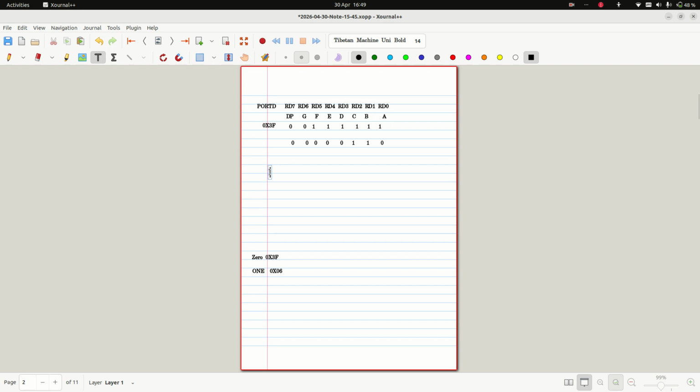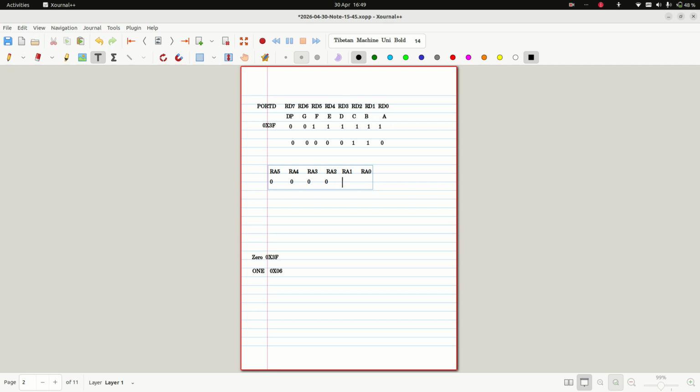In port A we have 6 pins, 6 bits: RA5, RA4, RA3, RA2, RA1 and RA0. But here we are considering RA2 to RA5.